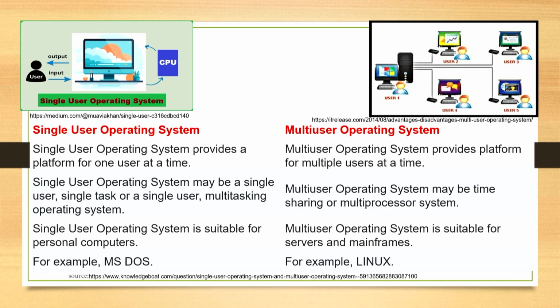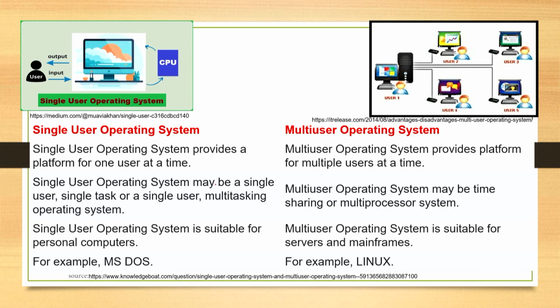So what makes the difference? A single user operating system provides a platform for one user at a time, whereas multi-user provides a platform for multiple users at a time.